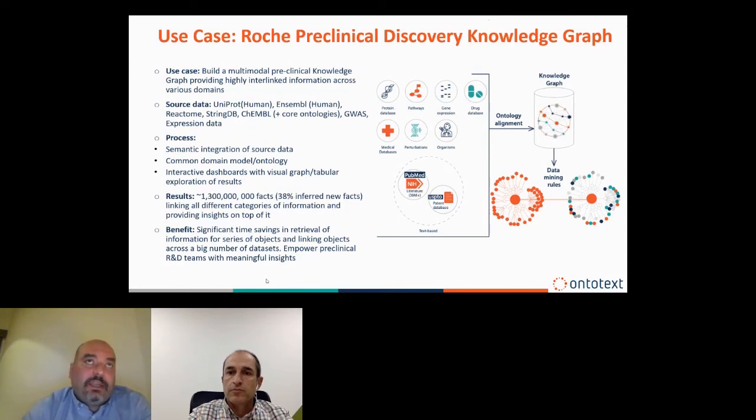For the delivery of this particular project, we have used our methodology and automated processes, which resulted in a very short delivery time compared to doing the knowledge graph implementation from scratch and not relying on already available artifacts.